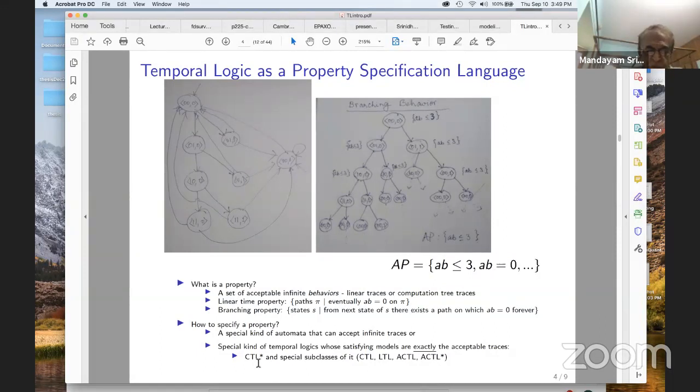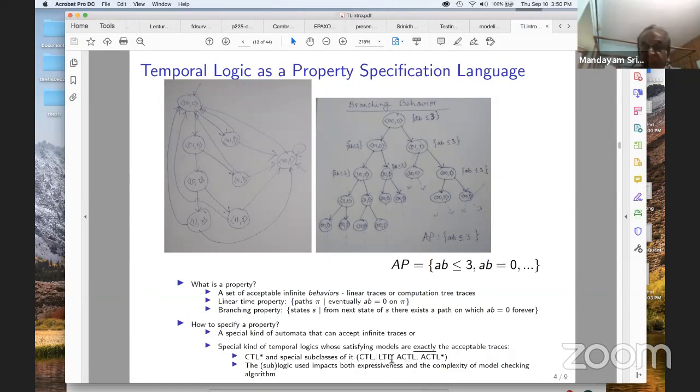Specifically, what we're looking at is a logic called CTL star and some subclasses of it, specifically CTL, LTL, and classes called ACTL and ACTL star. The fragments of these various logics impact both the expressiveness, that is, what kind of constraints you can actually specify, and also the complexity of the model checking algorithm.